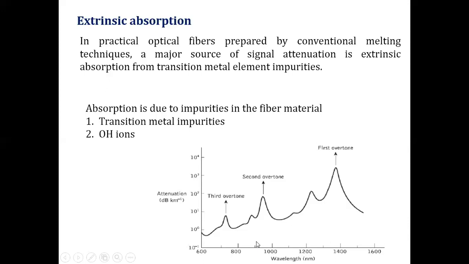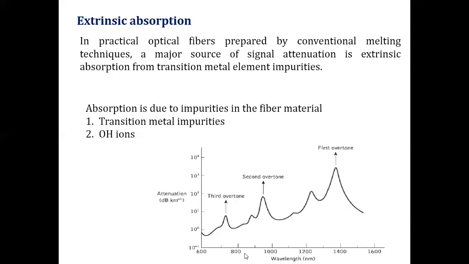Here we have shown three tones: the first tone, second tone and third tone. The attenuation occurs at three peak points: one is 1400 nanometer, another one is 950 nanometer, and the third one is around 750 nanometer.